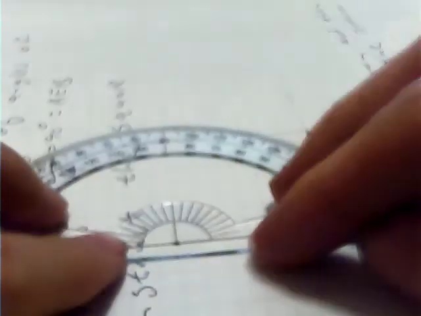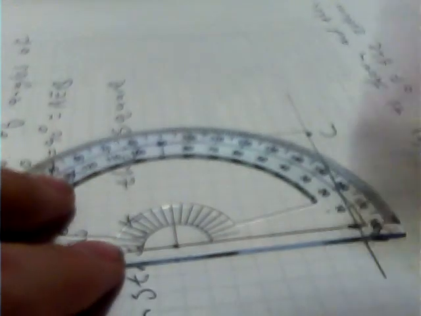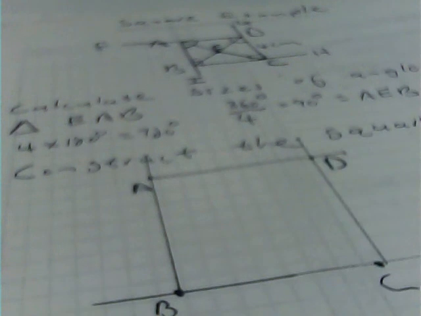Okay, it will just help if I have my protractor the right way. Okay, so we need to connect those points. So now we can mark our points. So this is B, C, D, and A. Yeah, so each of them are 90 degrees.